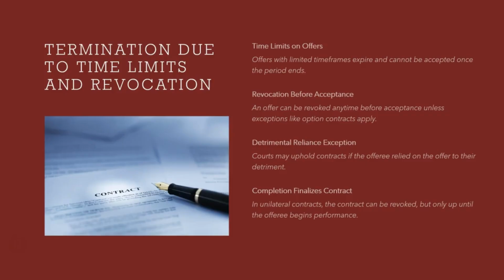Here's an example: if it's a unilateral contract that says I'll pay you $100 to babysit my kids on Saturday night, then the acceptance takes the form of babysitting the kids that night. And that's what makes the contract. So you have to actually perform the act requested to accept it. You can't just make a promise because a unilateral contract isn't set up that way. It's a promise for an act.